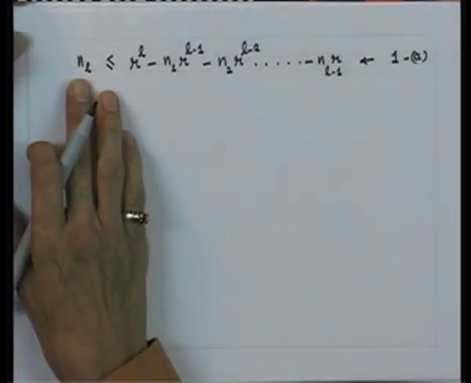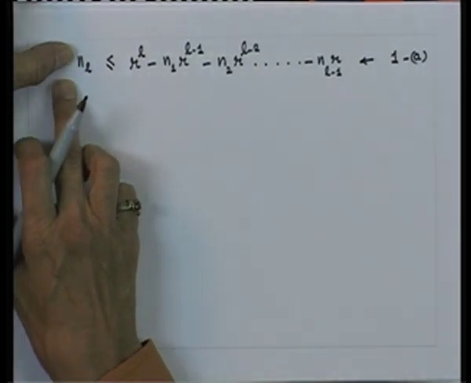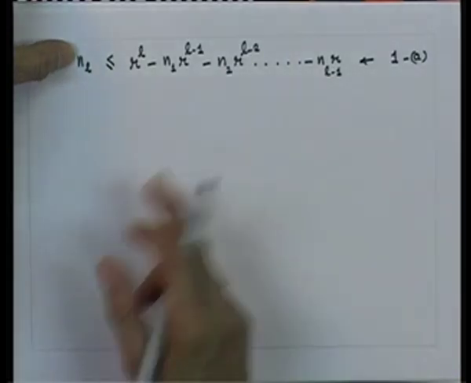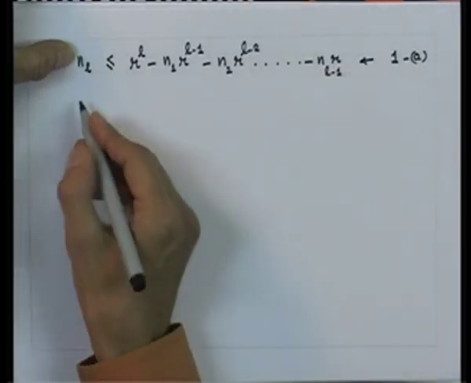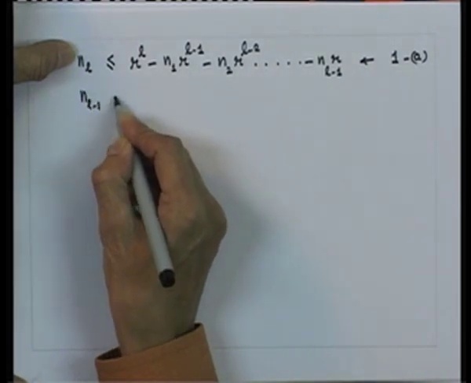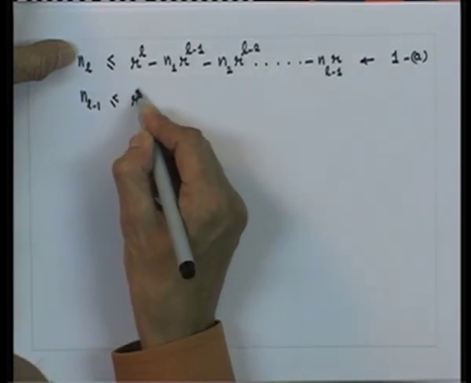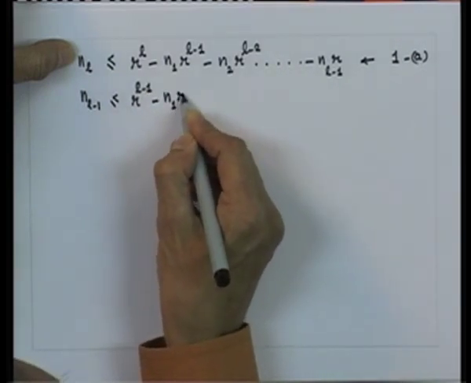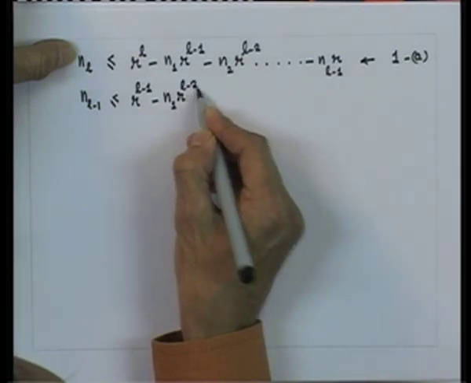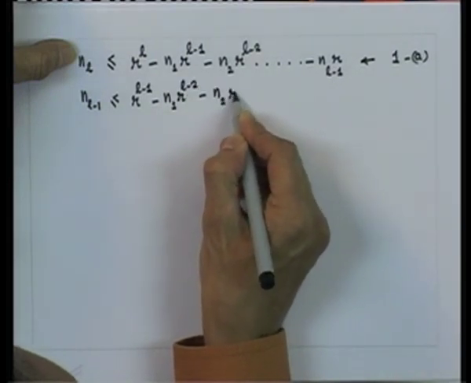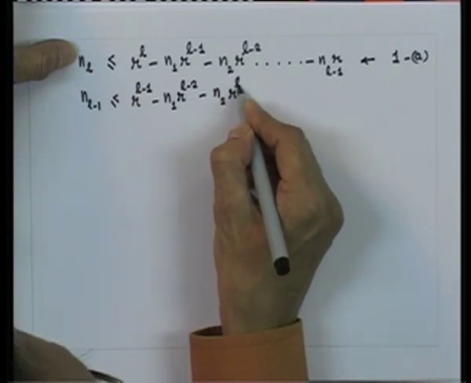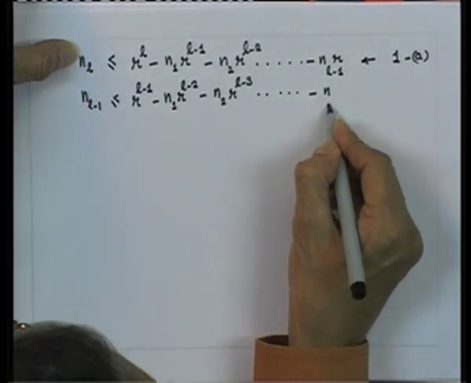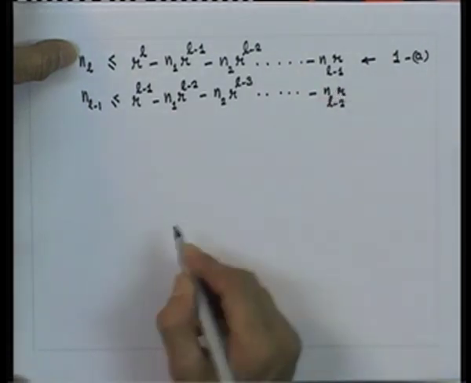Now, dropping the term on the left hand side and dividing by R, I will get NL-1 less than or equal to R^(L-1) minus N1 R^(L-2) minus N2 R^(L-3) minus NL-2 R.